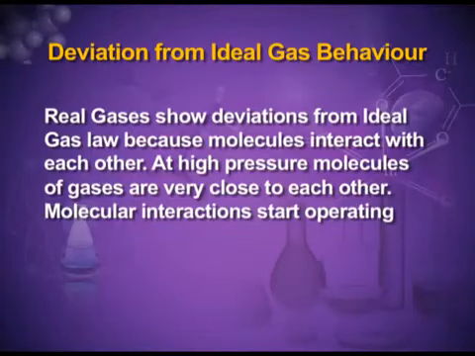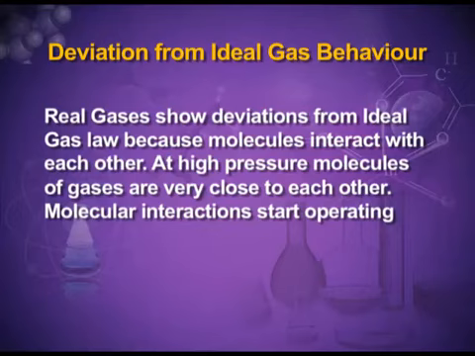When we plot a graph for a real gas and for the ideal gas, they must coincide, but actually it does not happen. Real gases show deviations from the ideal gas law because molecules interact with each other. At high pressure, molecules of the gases are very close to each other.